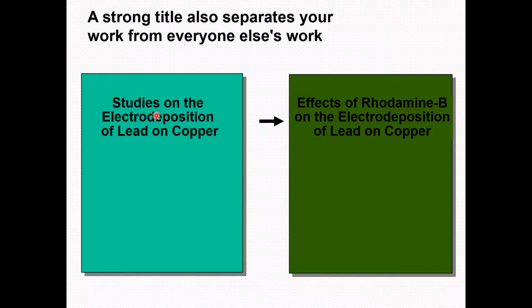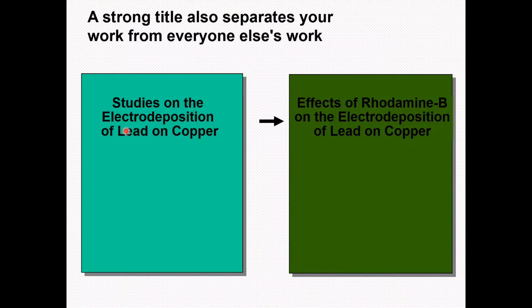An example of such a title is like this: studies on the electrodeposition of lead and copper. This is a typical journal title. There might be a lot of people who could work on the electrodeposition of lead and copper. So in order to separate this or to find this on Google or other databases, it might be difficult for a particular researcher to search for.